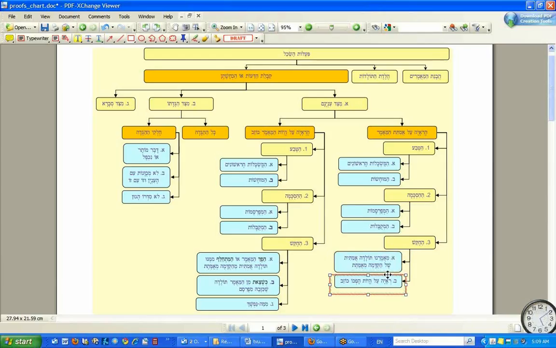The other way to prove something true is by proving its diametric opposite is false. Okay? So I take the opposite of the statement, and I show that the opposite of the statement turns out to be false.